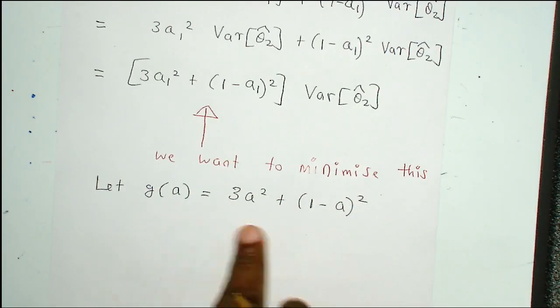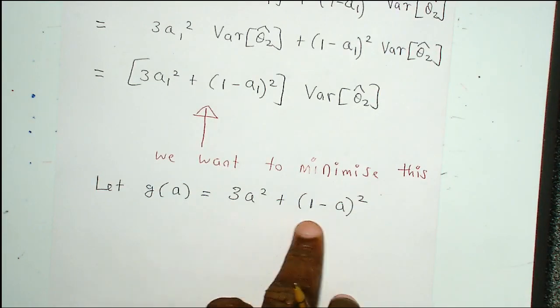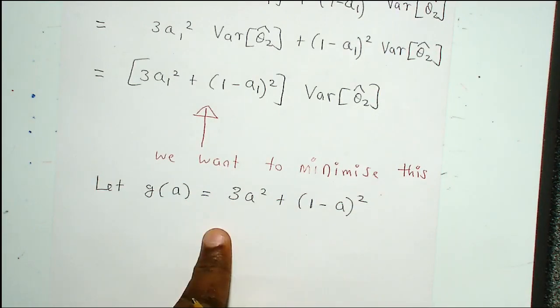This is the function we have, right? We want to minimize this function with respect to A, right?